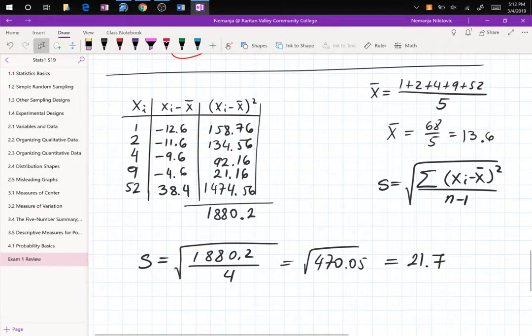The difference between the standard deviation formulas is just that the minus 1 in the denominator is gone, and you use different letters. But it's the same calculation, same steps. So if this was population data, nothing changes other than you put mu here and you will be dividing by 5. Everything else stays the same.